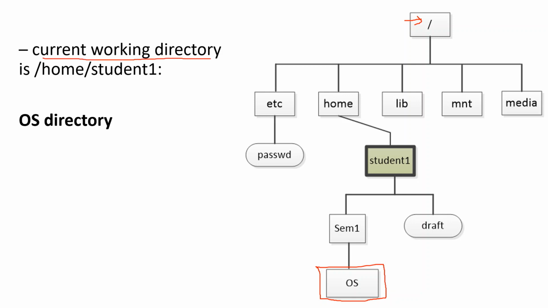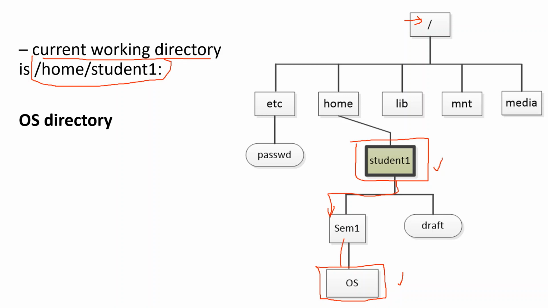So now the instruction tells you that you are in /home/student1. From here, we are going down to SAM1 and then OS. As simple as that, because it becomes the shortcut.